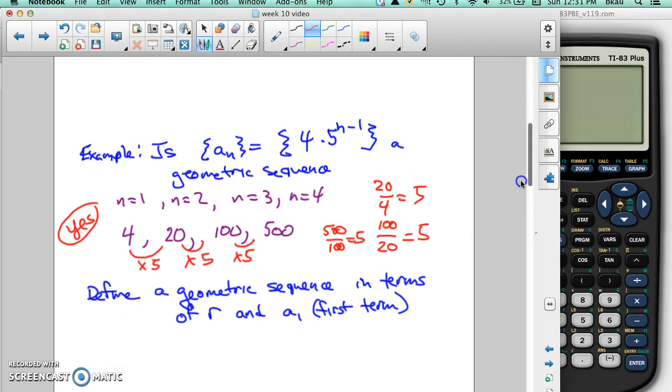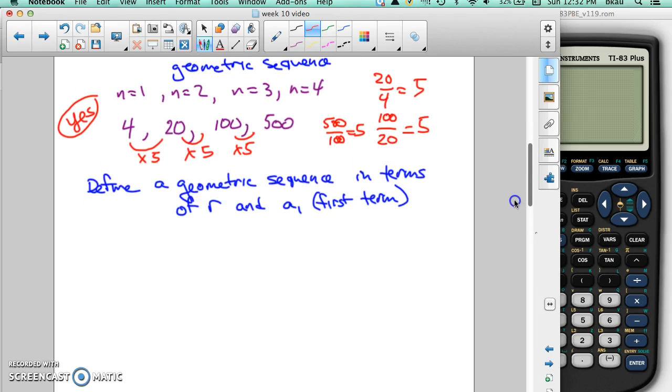All right. Now we're going to write that general formula. We're going to define a general formula for the sequence, where we use a sub 1 as the first term and r is our ratio. So here's our ratio, r. And we define the first term as a sub 1. That's our first term. Now our second term would be to take your a sub 1 and times it by r.